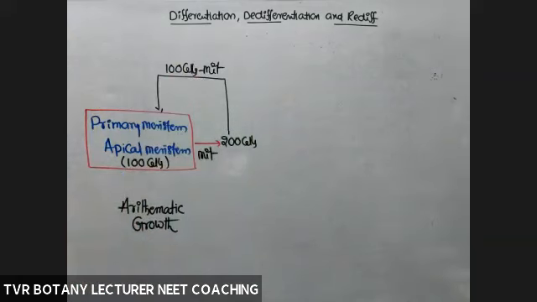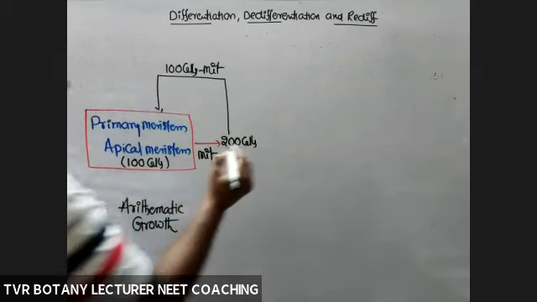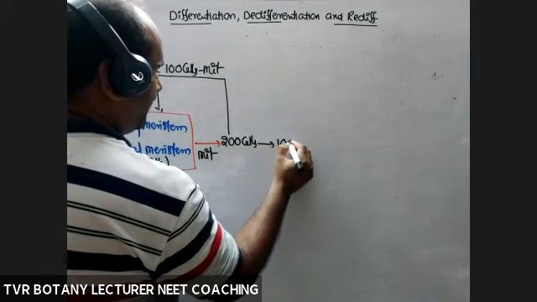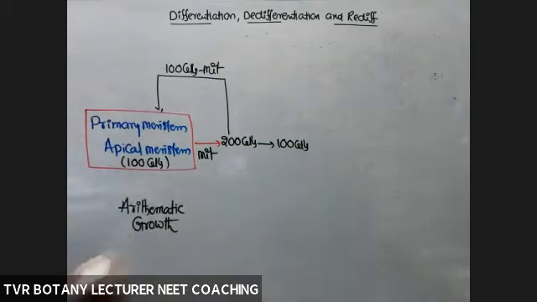So out of 200, how many have the mitotic ability to continue cell division again? 100 cells, means 50%. And what about the remaining 100 cells? Remaining 100 cells are opened for growth.